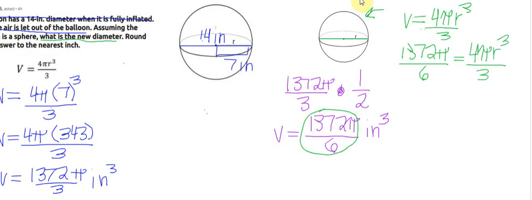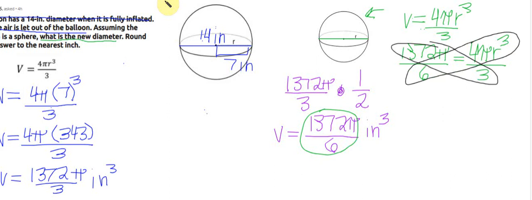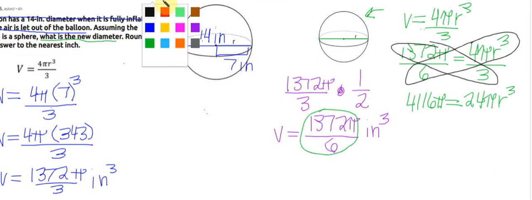Now there are a couple ways you can approach this from here algebraically. I'm going to just cross multiply because that may be the clearest way for you to understand. Remember, we can use this shortcut when we have two fractions equaling each other. So 1372 pi times 3 is 4,116 pi. And the other cross multiplication will be 24 pi r cubed. Back to basic algebra.